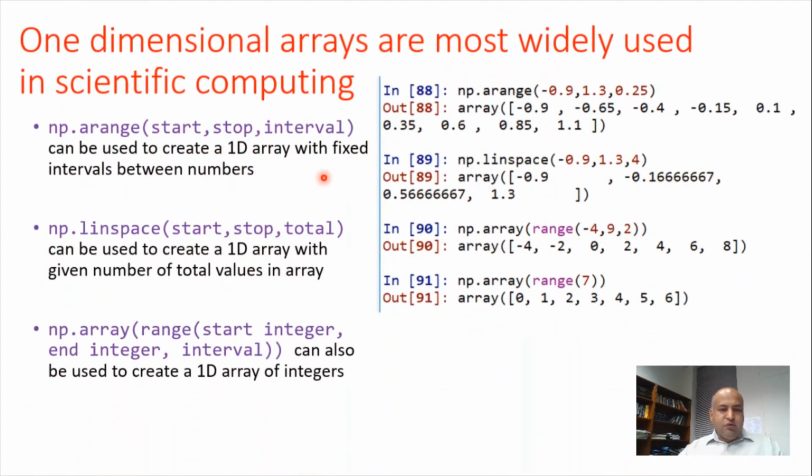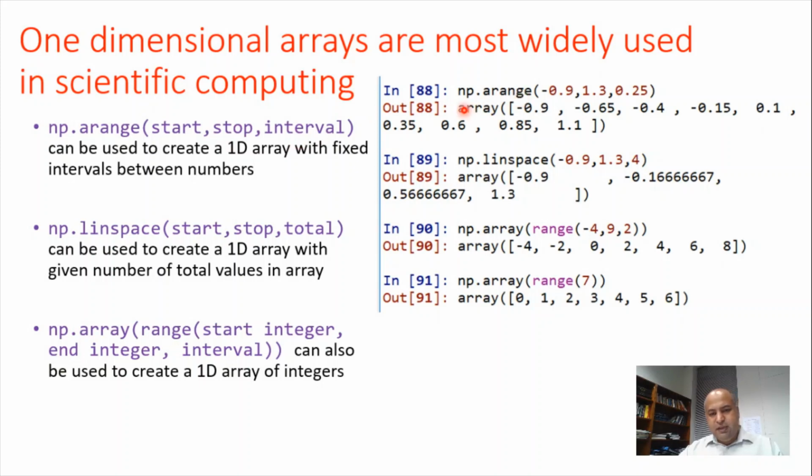Okay, so let's now discuss how we can create one-dimensional arrays, because this is one of the most common arrays that we encounter in data science and scientific computing, and there are several ways of creating them. We can use np.arange, where we give the starting point, the stopping point, and the interval.